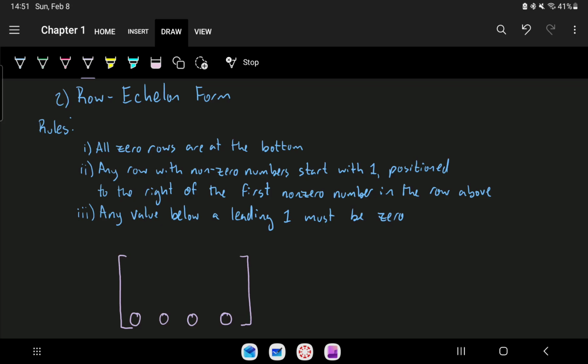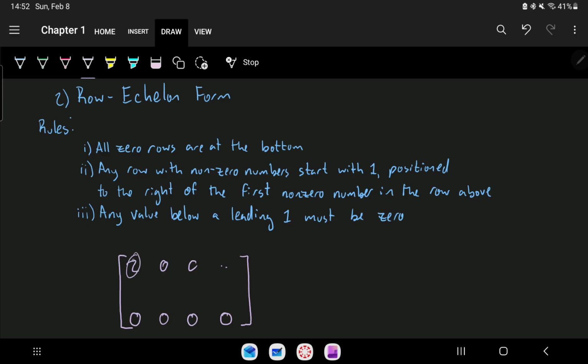The next rule, after we have made sure that all of the 0 rows are at the bottom, will sound a little complicated until we really look at it, but basically any row with non-zero numbers starts with 1. So I can't have something like 2, 0, 0, something.